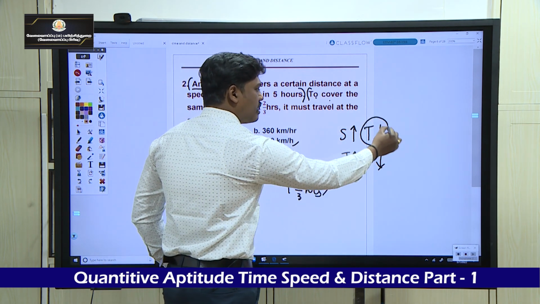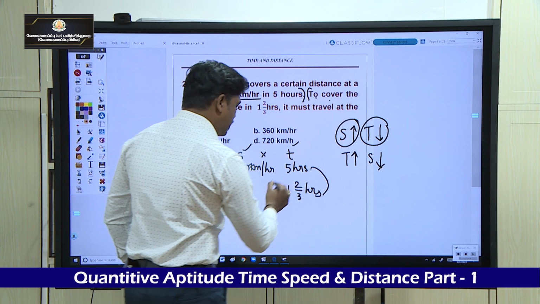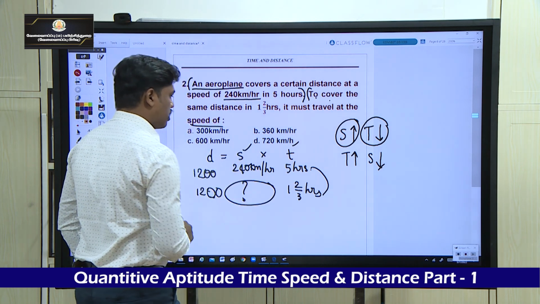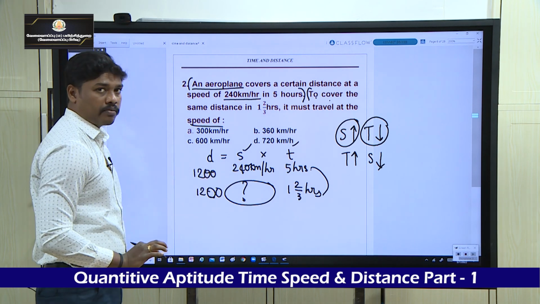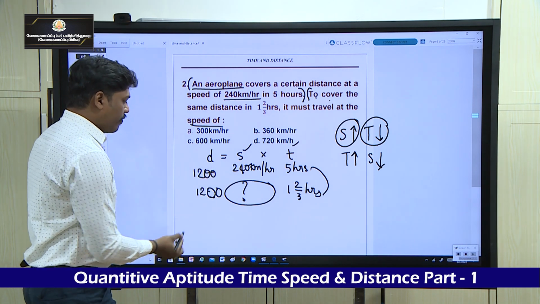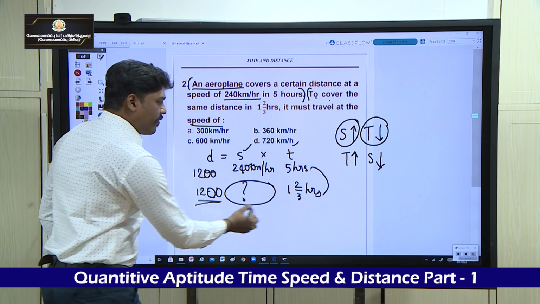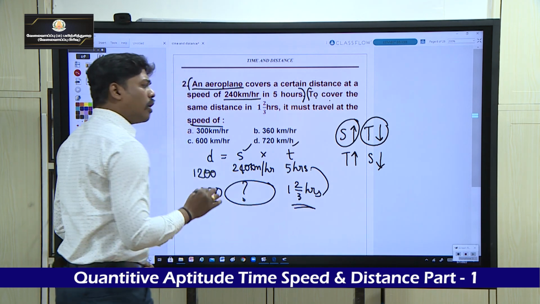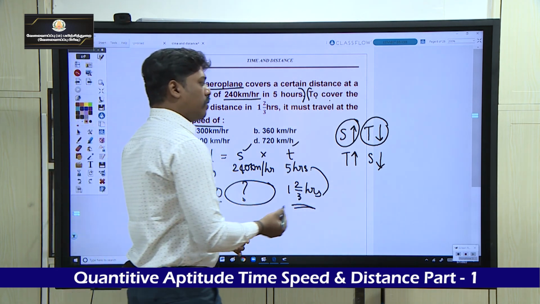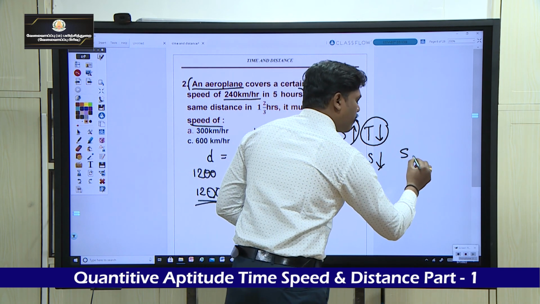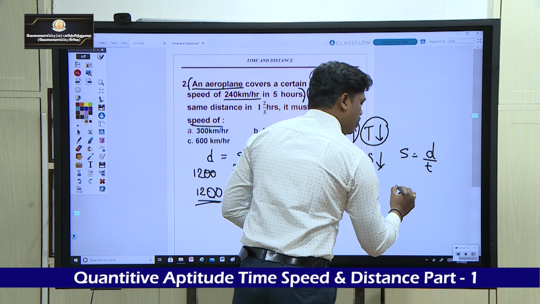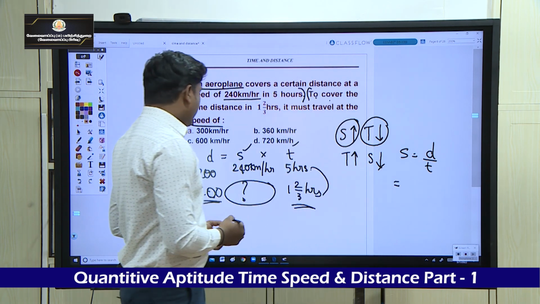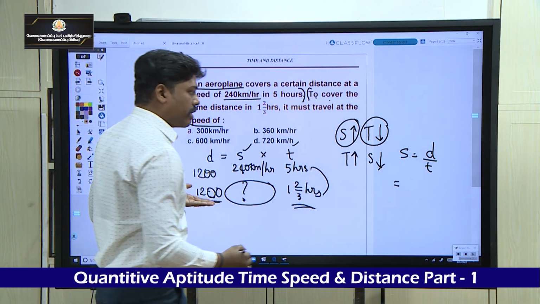If time decreases, the speed to reach would increase. Okay. So obviously the speed would be above 240. Okay. So now we are having distance and then we are having time taken. How to find speed? So speed is equal to distance by time taken. Okay. What is distance? Distance I am having here, this 1200.